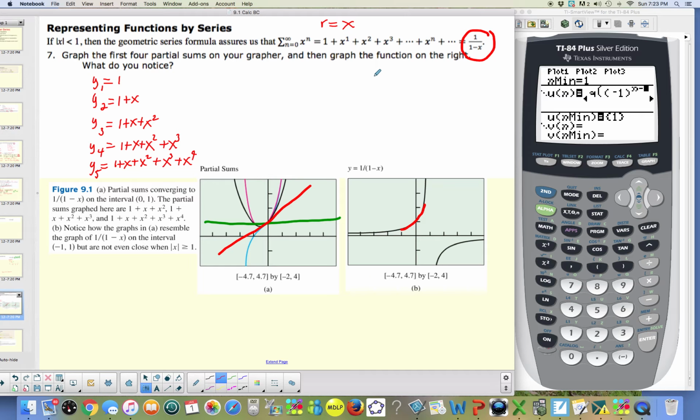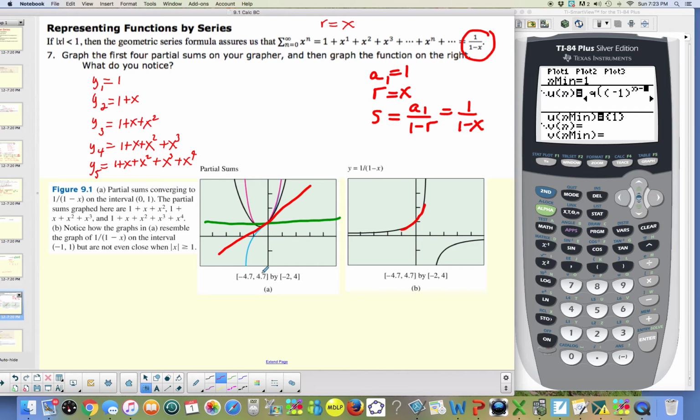In a geometric series, the first term right here is 1, and the ratio is x. So the sum of the infinite series is going to be equal to a sub 1 all over 1 minus r. And in this case, it's 1 over 1 minus x. And this is a function. And this function is being represented by this series.